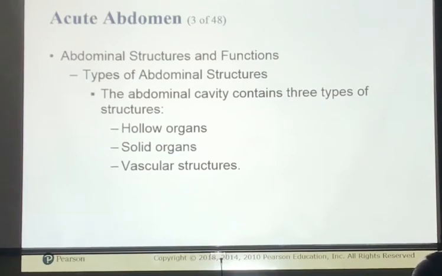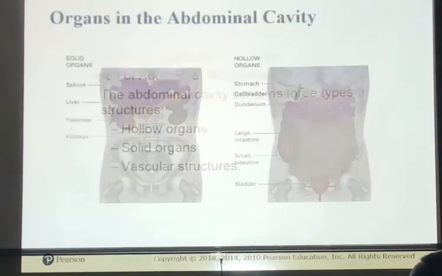Vascular structures are the large blood vessels found in the abdominal cavity. Portions of the descending aorta and the inferior vena cava are in the abdominal cavity. Rupture or injury to either vessel can result in major bleeding, rapid blood loss, and probable quick death.